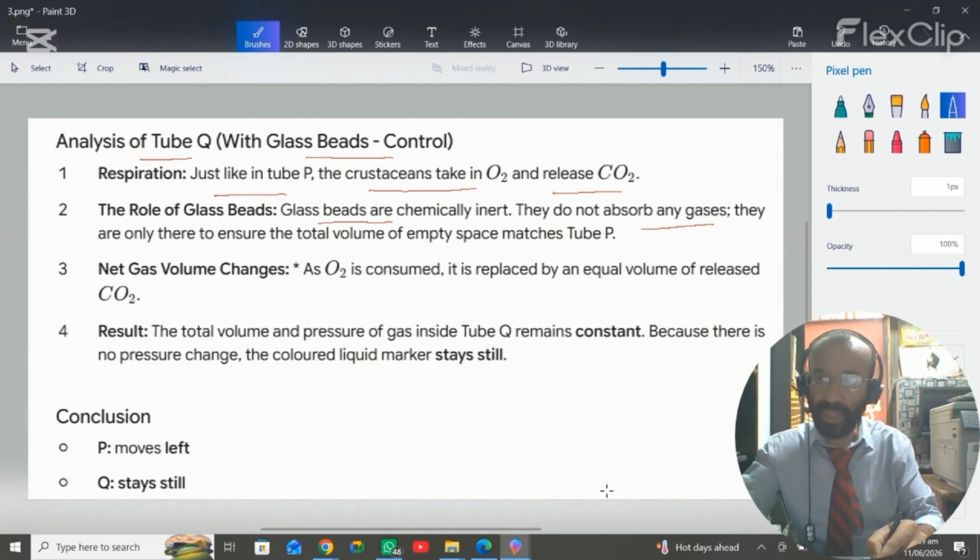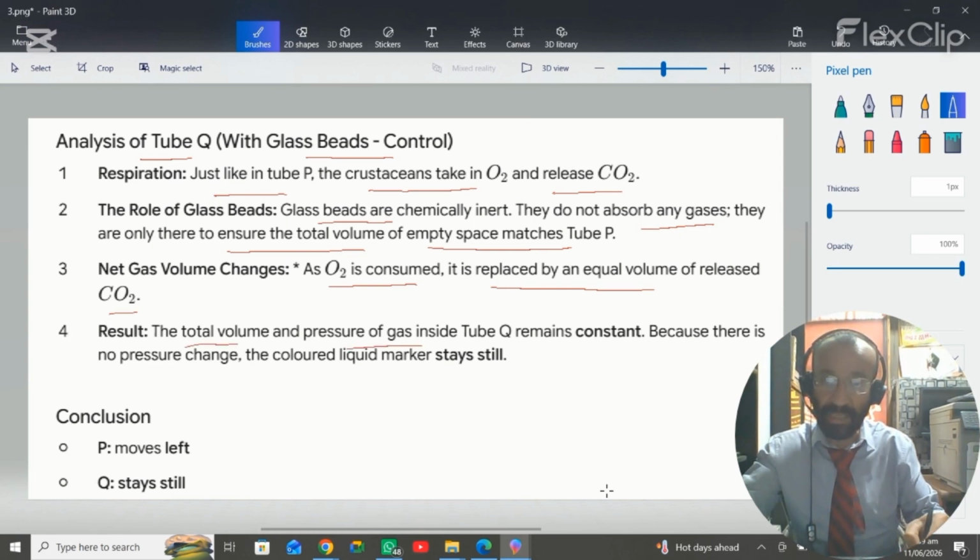They are only there to ensure the total volume of the empty space matches tube P. So the net gas volume: as O2 is consumed, it is replaced by an equal volume of the released CO2. So the total volume and the pressure of the gas inside tube Q remains constant. Because there is no pressure change, the colored liquid marker stays still.